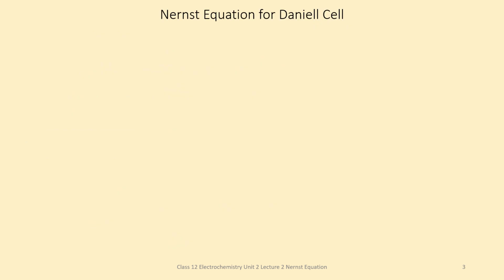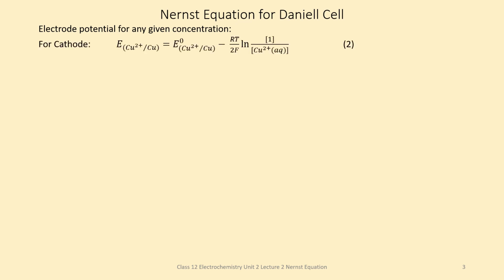Nernst equation for Daniell cell. Electrode potential for any given concentration can be written as, for the cathode side. In the case of Daniell cell, copper is the electrode. So we are taking first the cathode.